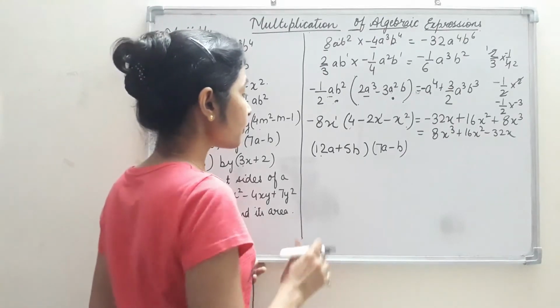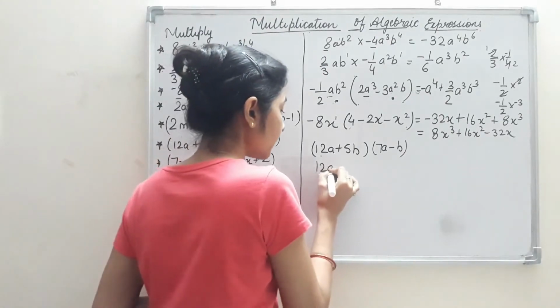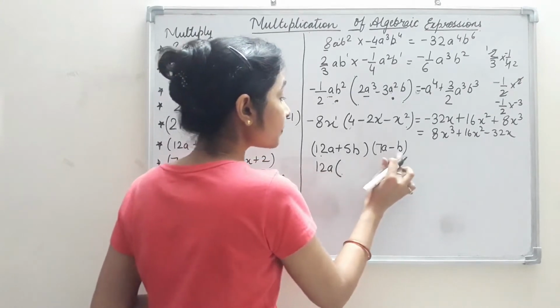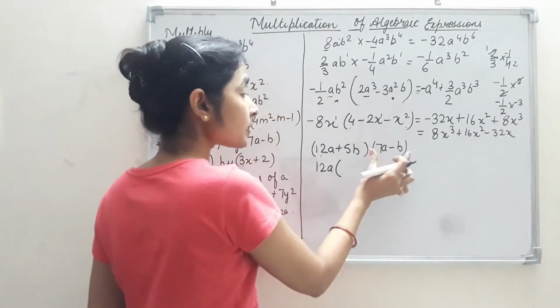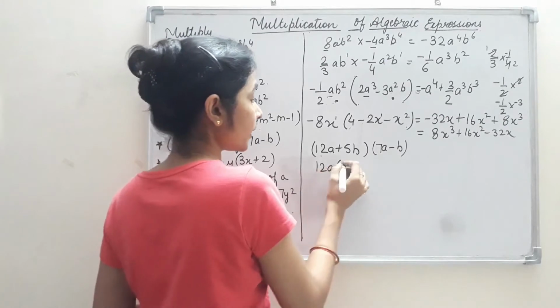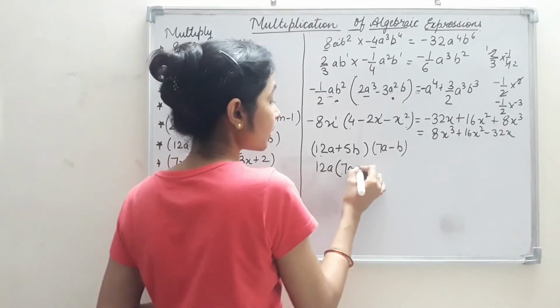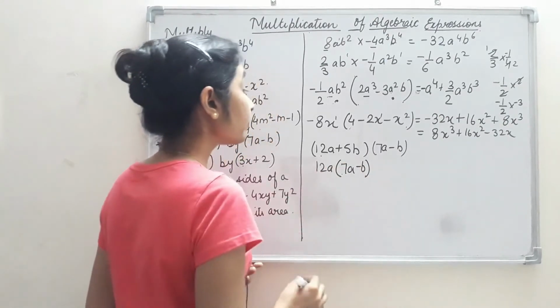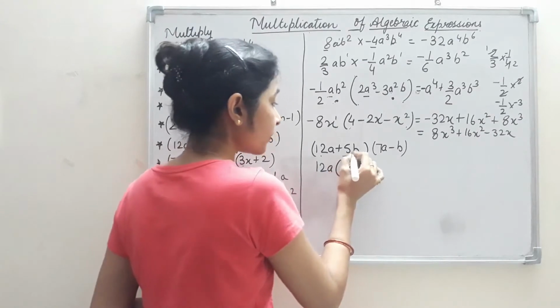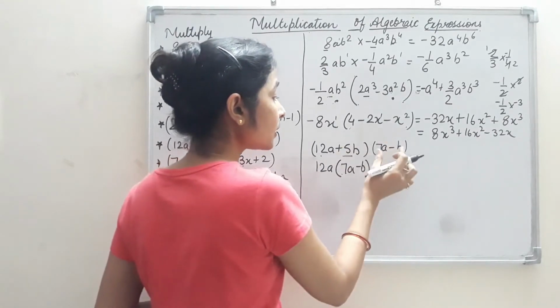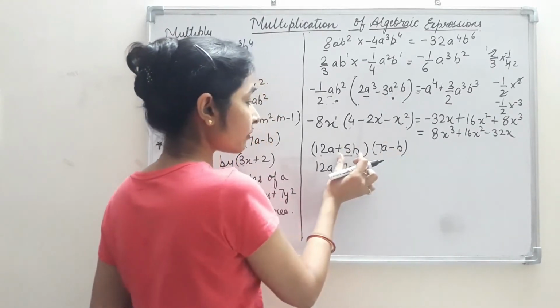Now what we are supposed to do here, we will first write 12a and I will multiply both the terms of the second expression with 12a. So in bracket I write 7a minus b. Okay, now the next term 5b, again I will multiply both the terms of the second expression with 5b.